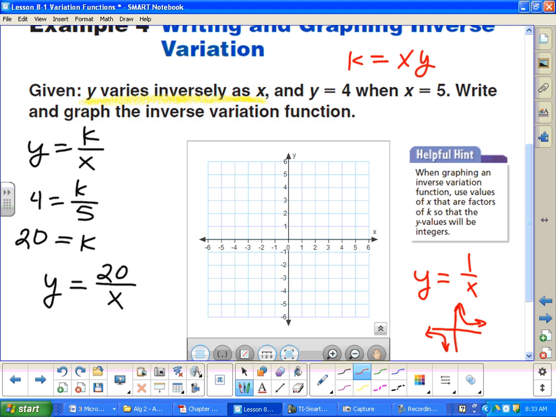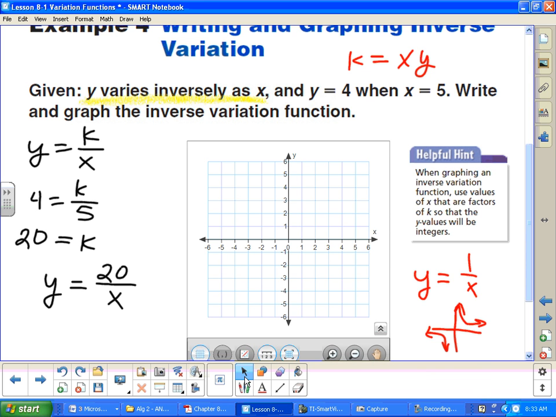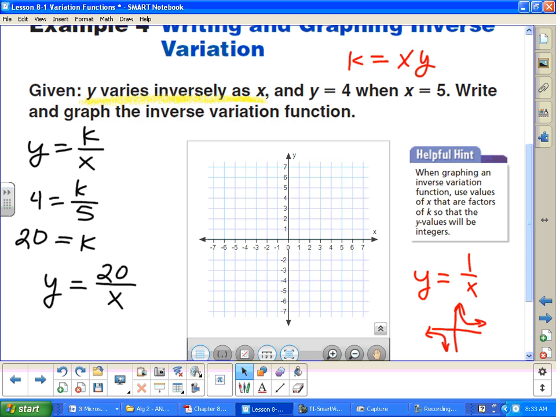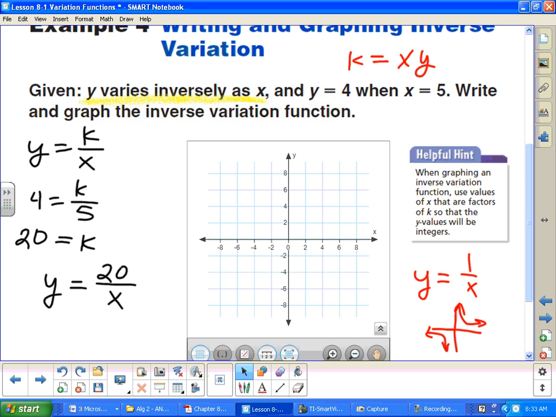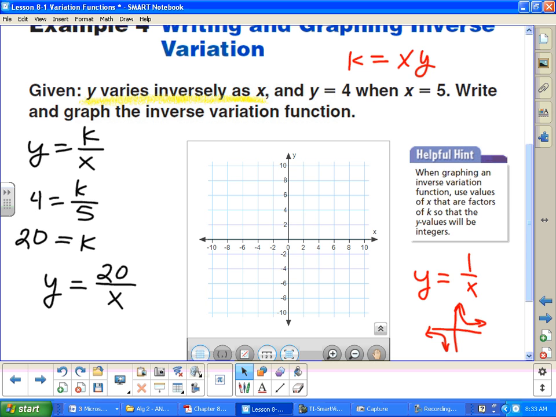What are the factors of 20? We can do 4 and 5, or we could do 2 and 10. So if x is negative 10, y is negative 2.